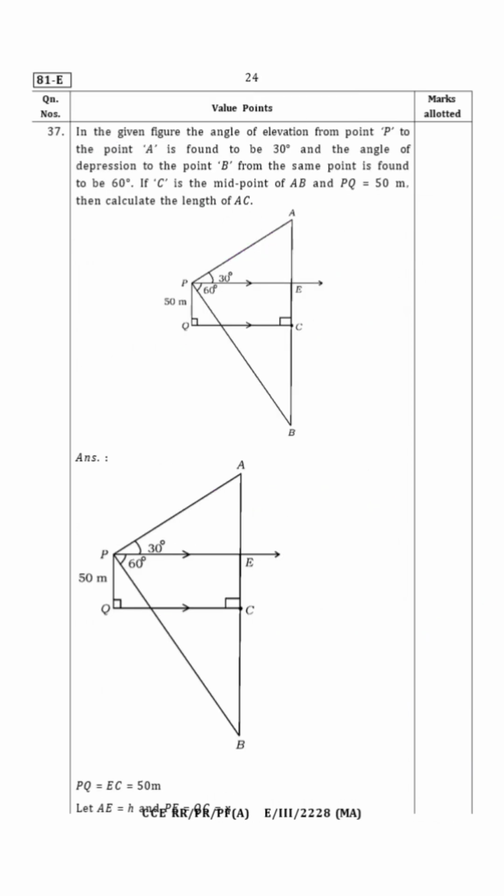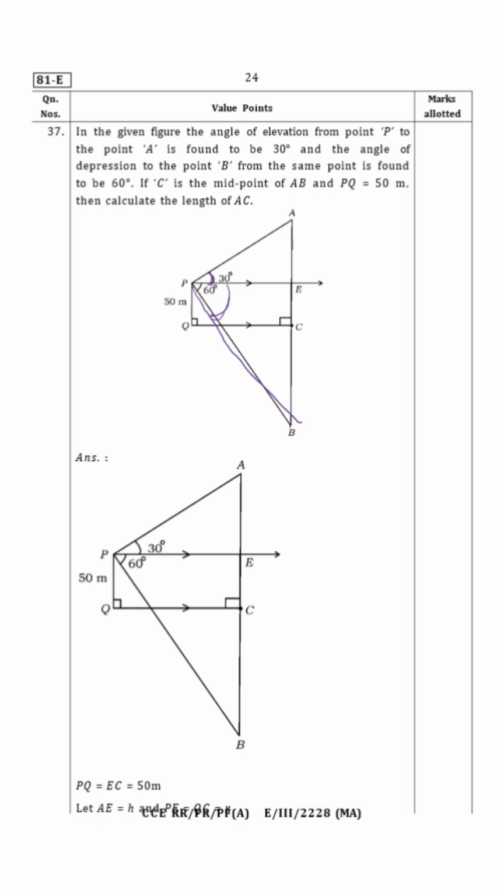Now the 37th question. In the given figure, the angle of elevation from point P to the point A is found to be 30 degree. From P to A, this is 30 degree. And the angle of depression from the same point P to this point B is found to be 60 degree.